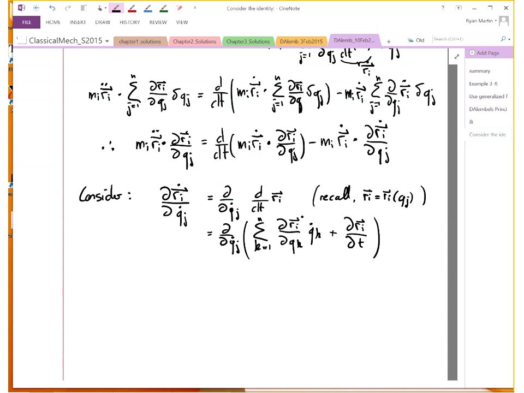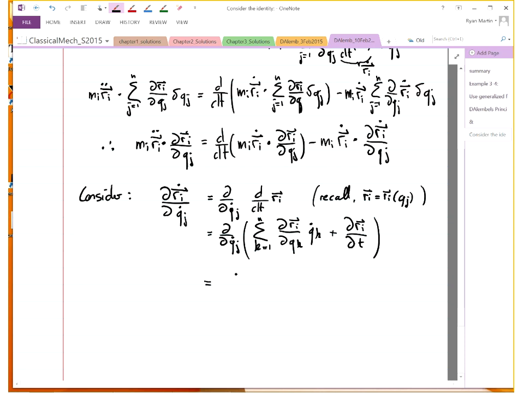So it's going to be something times x dot plus something times y dot plus something times z dot. So I have ∂/∂x dot on the front of a sum of terms where only one of them has x dot. So the only term that's going to be non-zero when I take the partial derivative ∂/∂q_j dot of the sum is the term in the sum where j is equal to k.